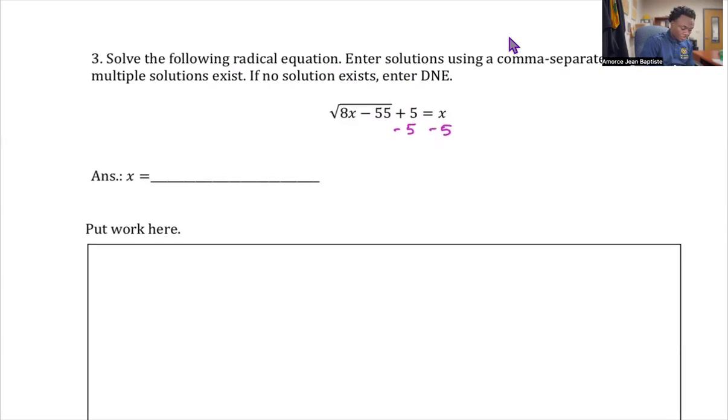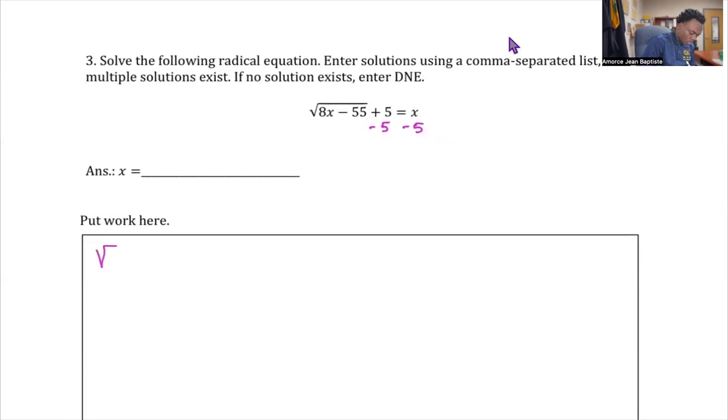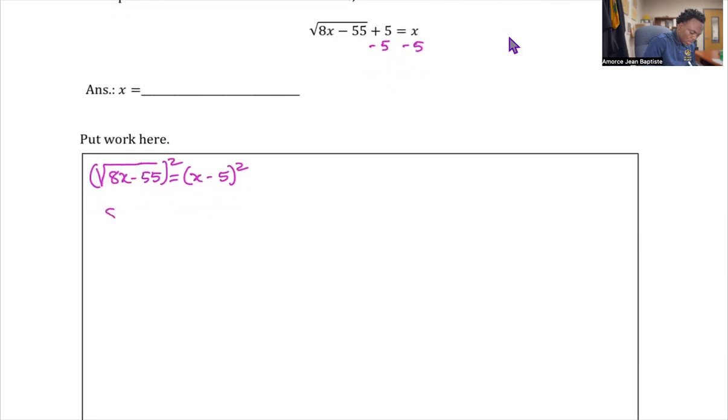And then we get the square root of 8x minus 55 equals x minus 5. And then to remove the radical, we would square both sides because the index is 2. So we have 8x minus 55 equals x squared minus 10x plus 25.